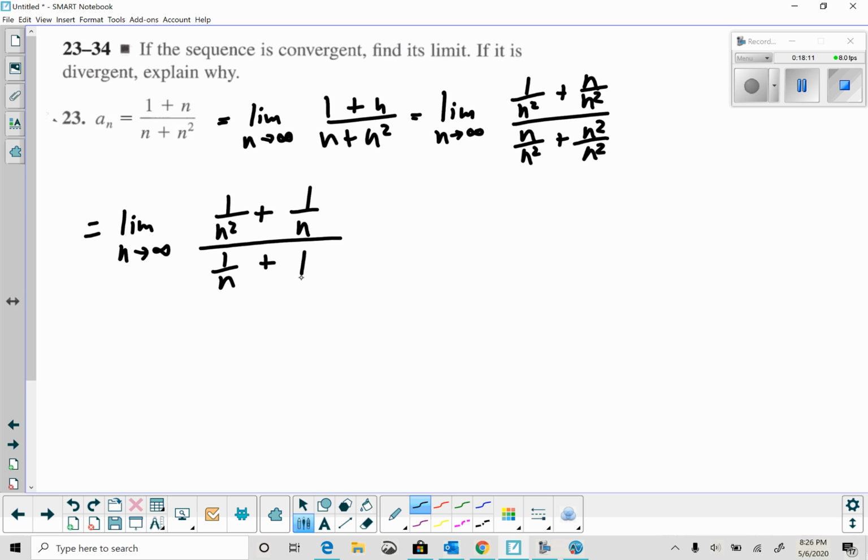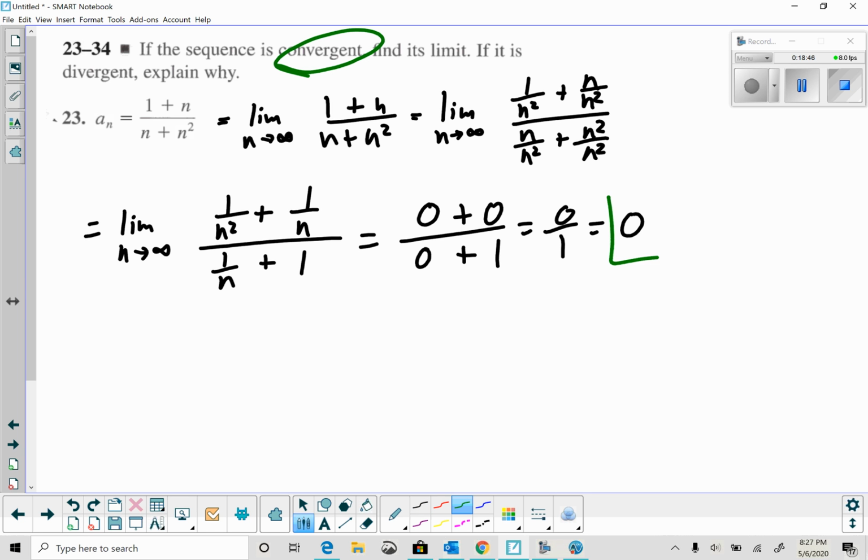Now, if I apply our new rules for an infinite limit, the limit of 1 over n squared becomes 0, 1 over n becomes 0, and 1 remains a constant 1. We got a real number. In this case, it is convergent, and the limit of it is 0.